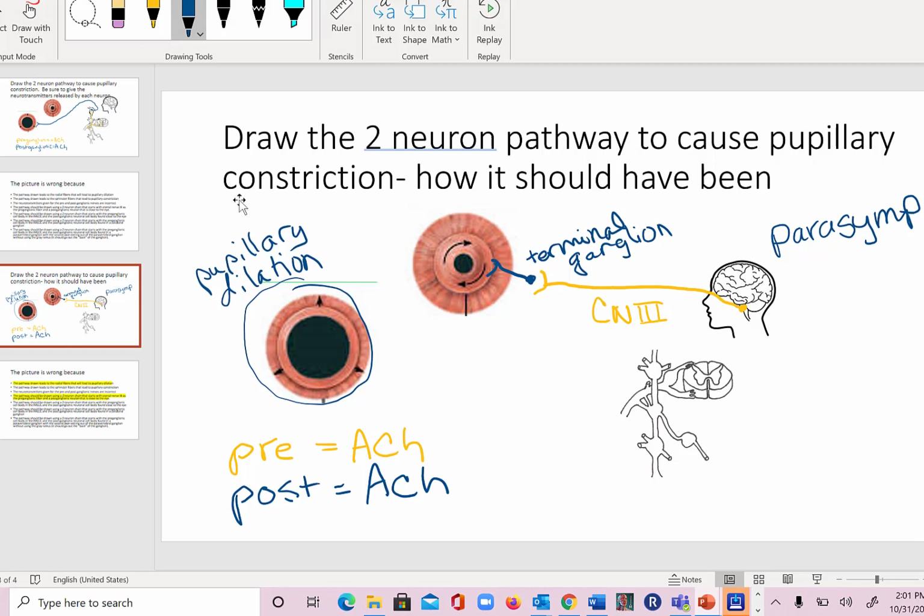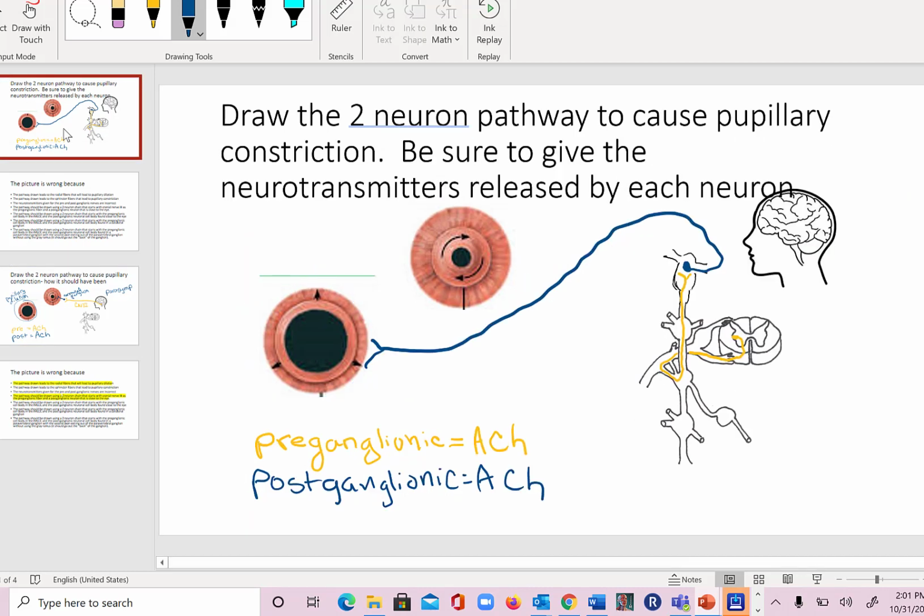So again, what I've drawn on this slide is the correct picture. You should contrast that to the first slide where I said it was incorrect.